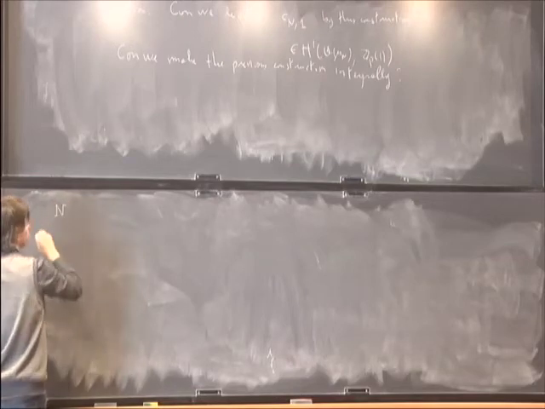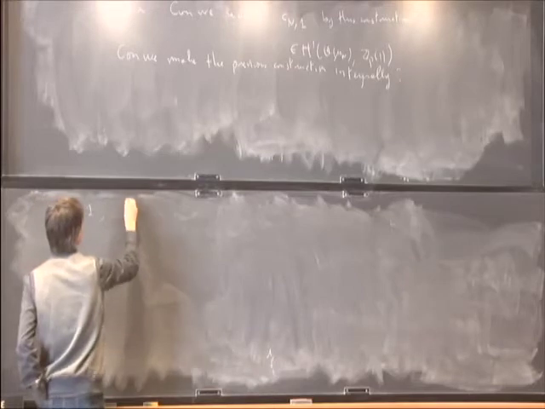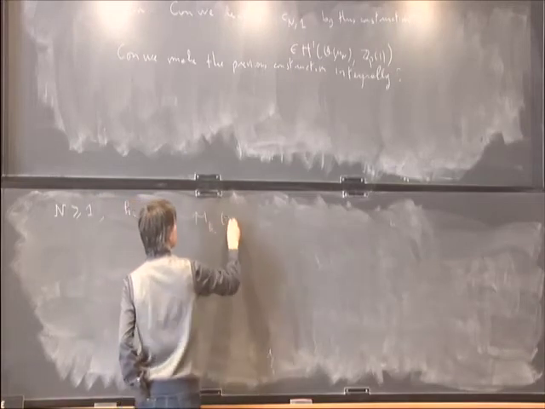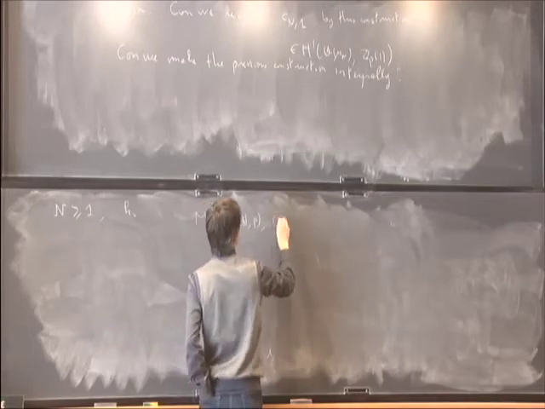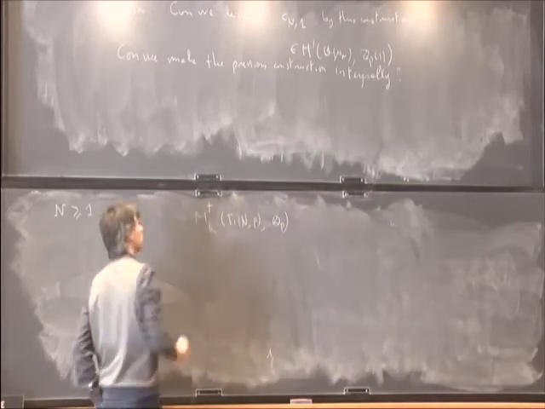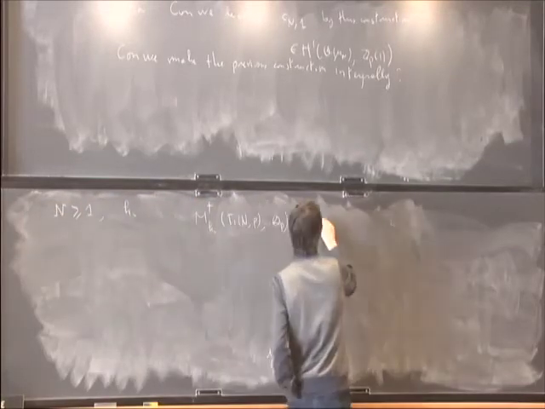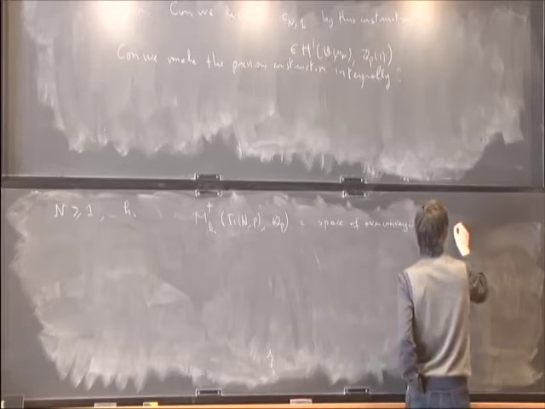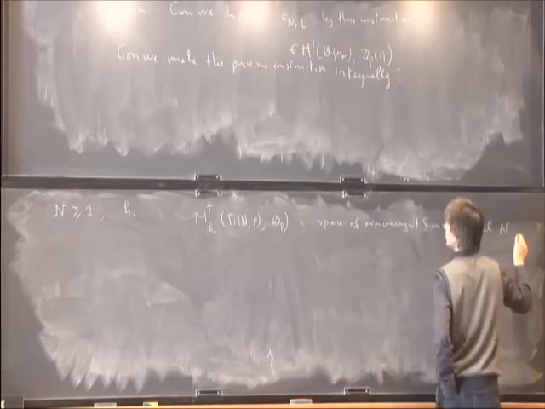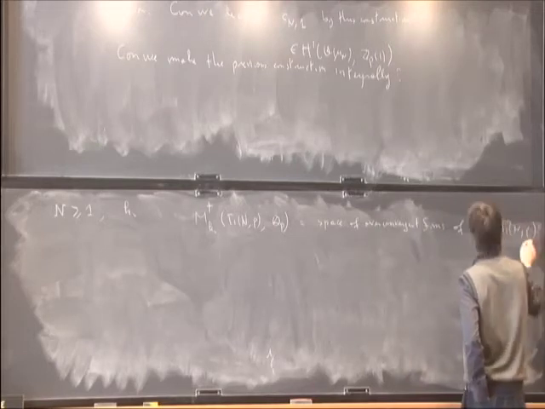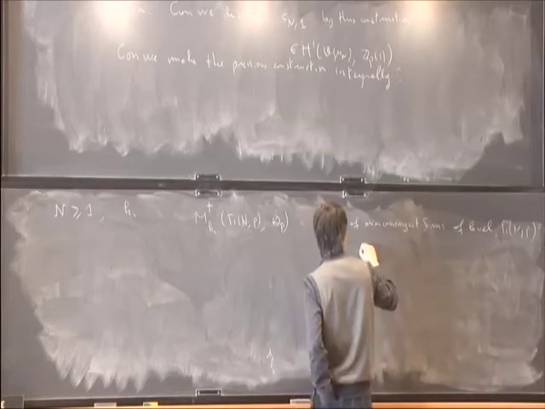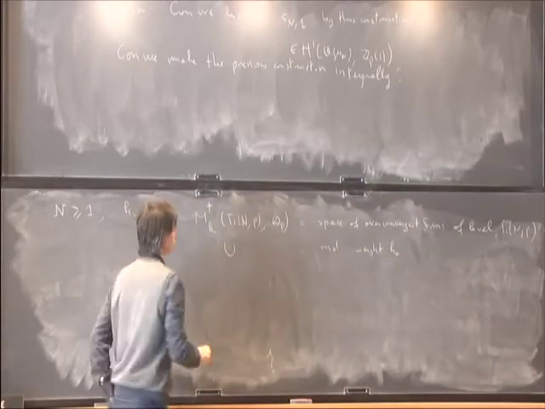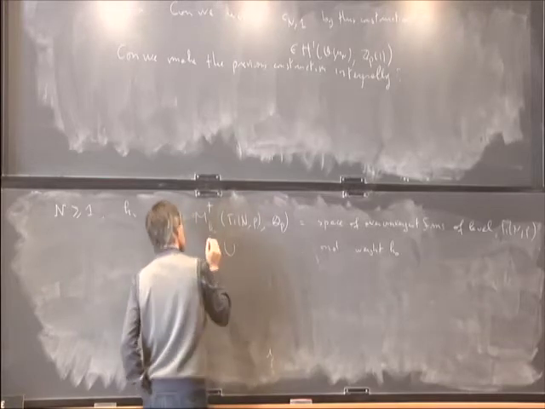I'm going to fix n an integer, at least 1, fix k_0, and then consider M_{k_0}(Γ_1(np), Q_p)^†, which means this is a space of overconvergent forms of level Γ_1(n) and p, and weight k_0. And inside, I look at the space of forms which are of finite slope.